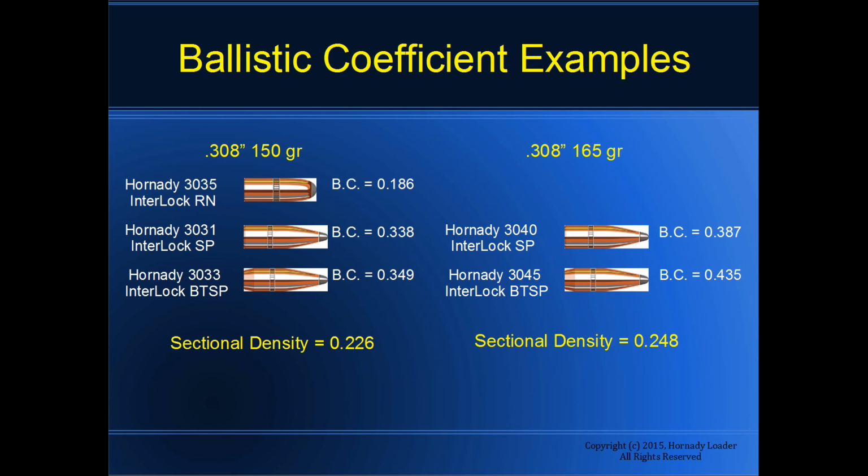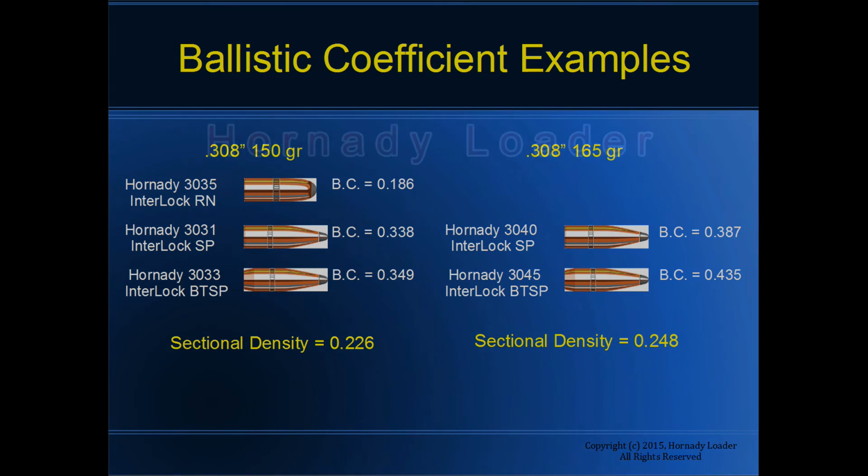You can assume that the bullet with the higher ballistic coefficient has superior drag characteristics and that sort of thing, and will be less affected by wind. But assuming you're shooting them both at the same muzzle velocity, so you really kind of have to look at other things. You can't just look at the ballistic coefficient by itself.